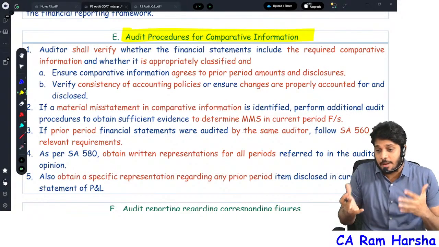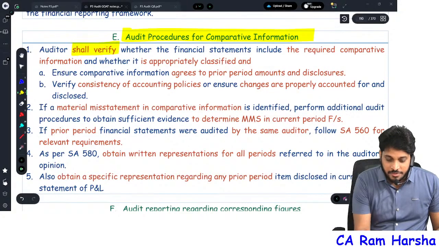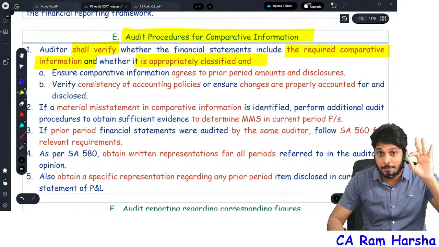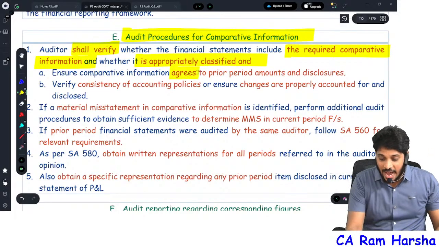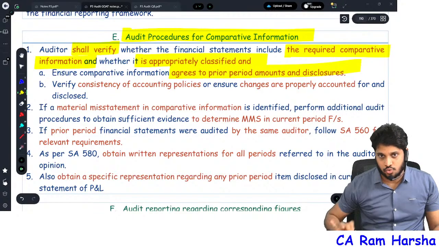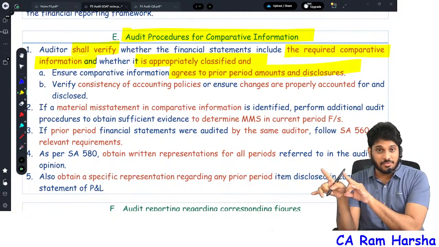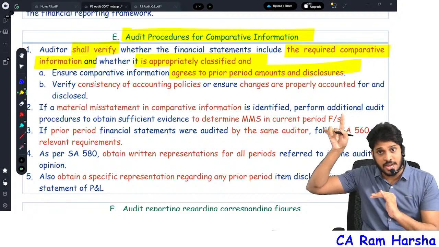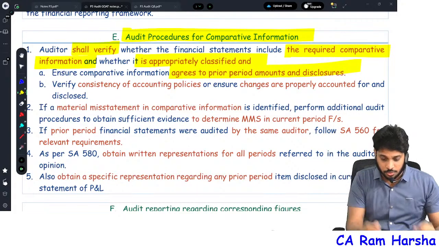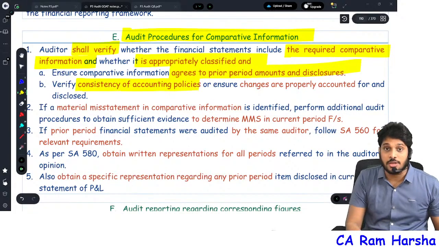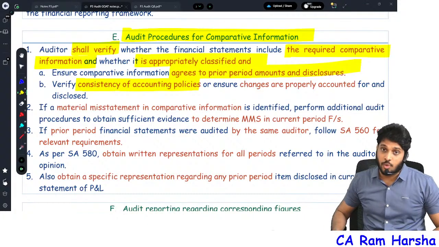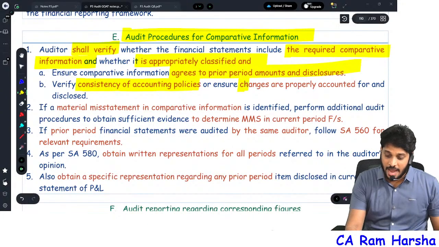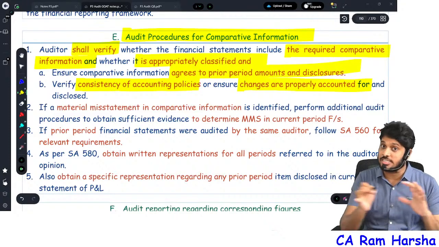We shall verify whether the required comparative information is appropriately classified and agrees to prior period amounts and disclosures. Whatever comparative information the company presented for last year, is it matching with the prior period approved audited balance sheet? Check that. See the consistency of accounting policy. Last year in the financials, what accounting policy was followed? This year, what accounting policy is the company following? Is it consistent? And whether changes are properly accounted and disclosed.